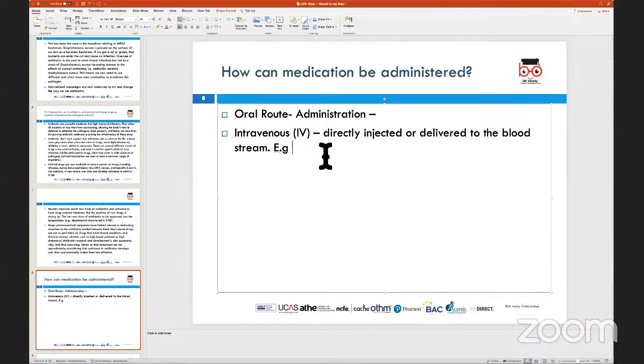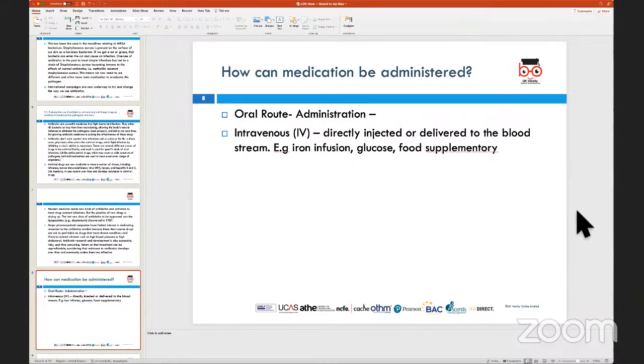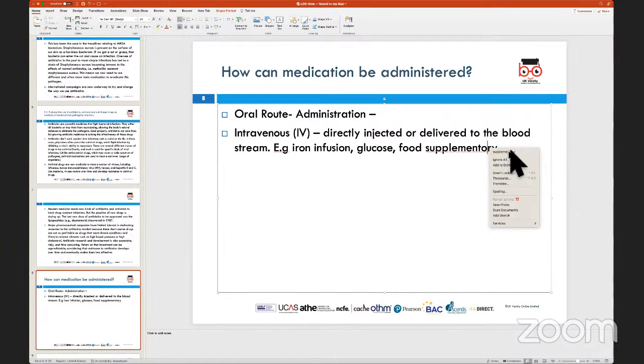So your iron supplement, or iron infusion as it is called, is done this way. Sometimes when you are undergoing an operation, you're unable to eat or you're unconscious, so food supplements, glucose and saline solutions are normally given through intravenous administration of drugs or medication.